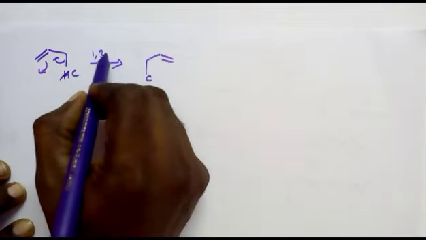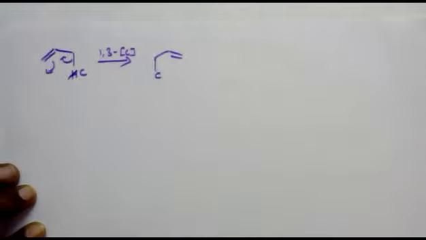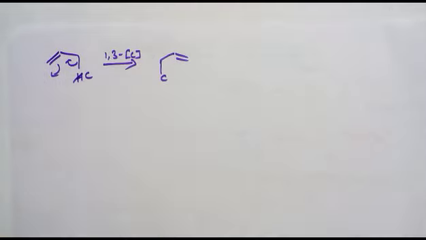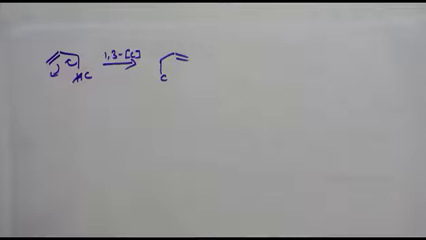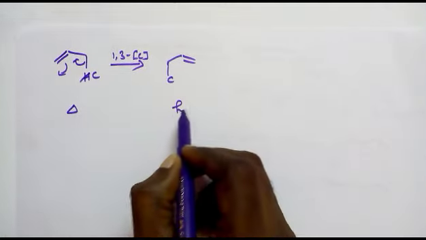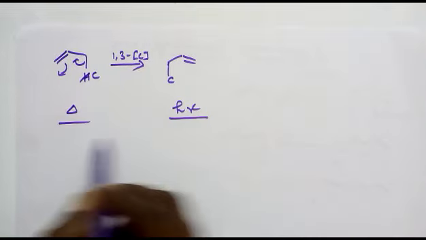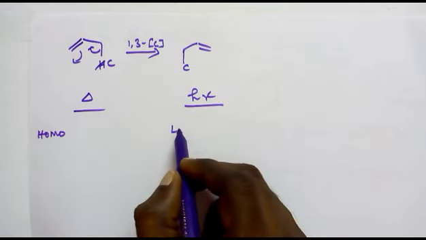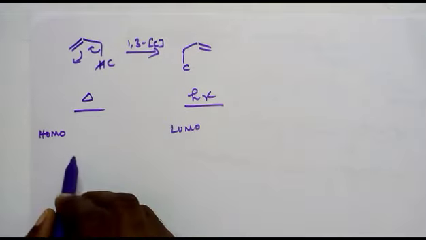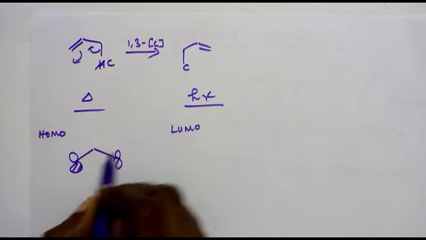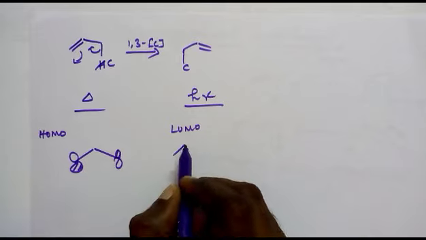As I said, if we draw the same lobes here, earlier for thermal and photochemical conditions, if I draw the HOMO and the LUMO, HOMO is unsymmetric, LUMO is symmetric.